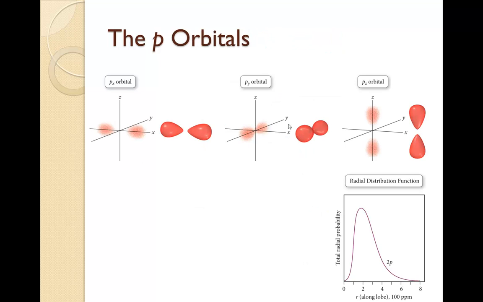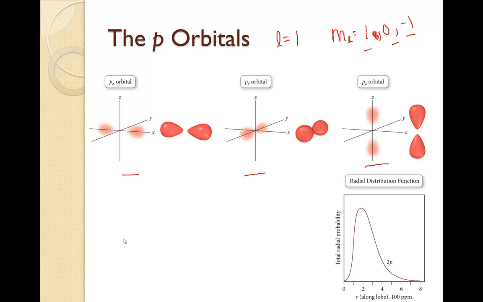Here's P. So this is L equal to 1. So this means that we have M sub L equal to 1, 0, and negative 1. Notice we have three numbers here. We have three possible orbitals it can be in.